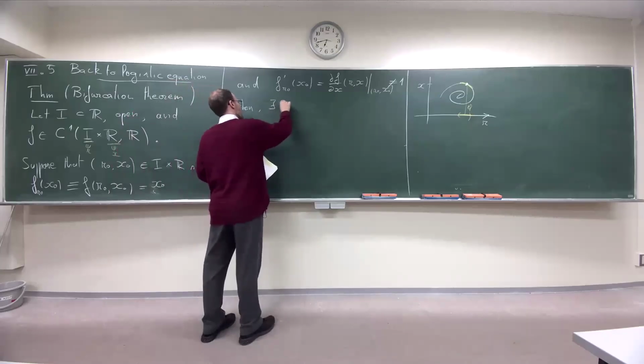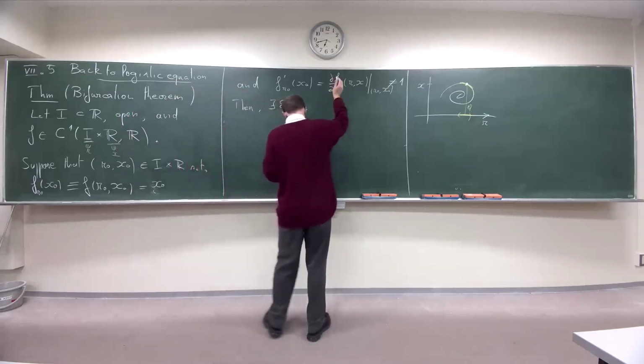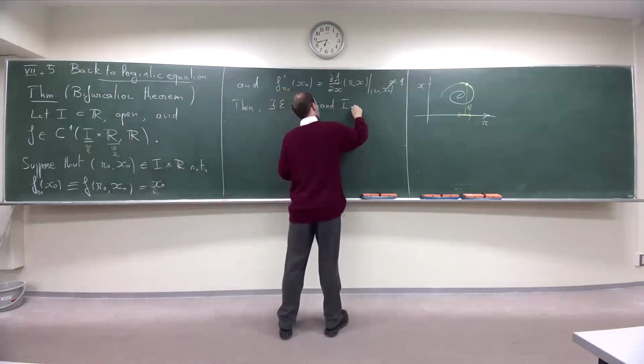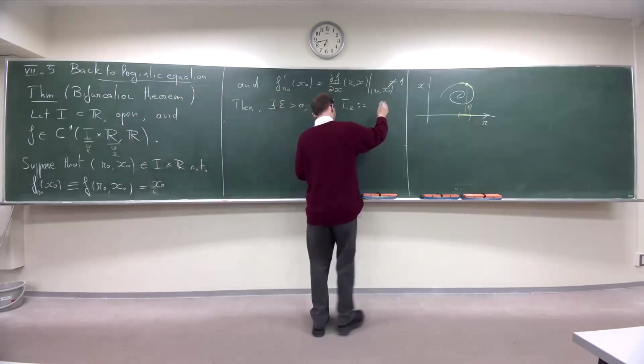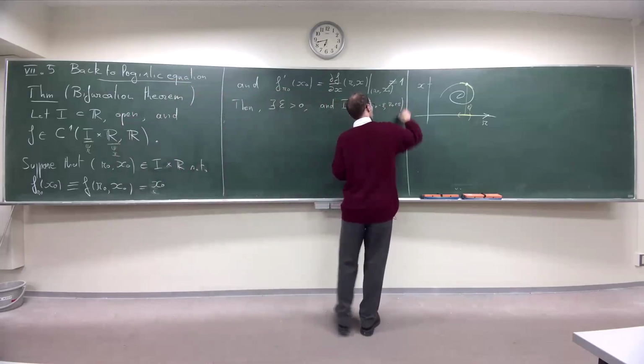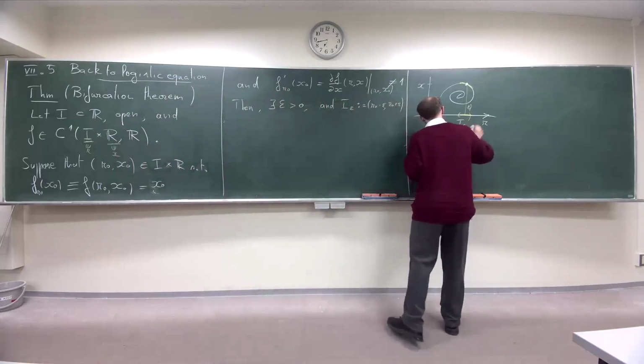Then there exists an epsilon bigger than 0 and an interval I epsilon, and what is this I epsilon? This is R0 minus epsilon, R0 plus epsilon.